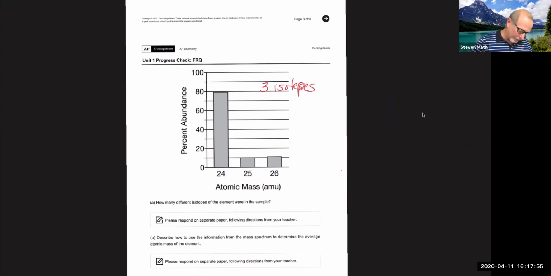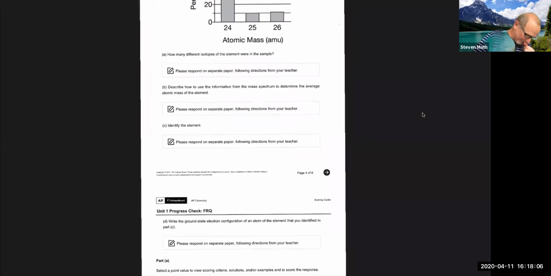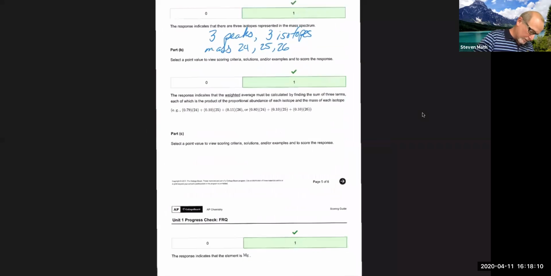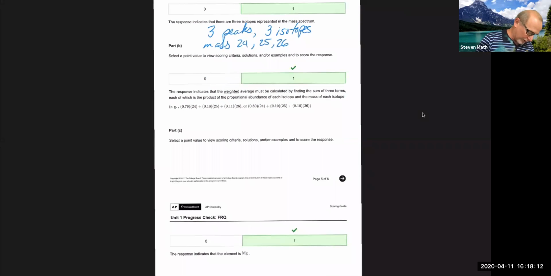How many different isotopes of the element were in the sample? They only asked how many? 3. Good answer. Describe how to use the information. What I would say with B, and what they did with B, is they showed the setup of how.